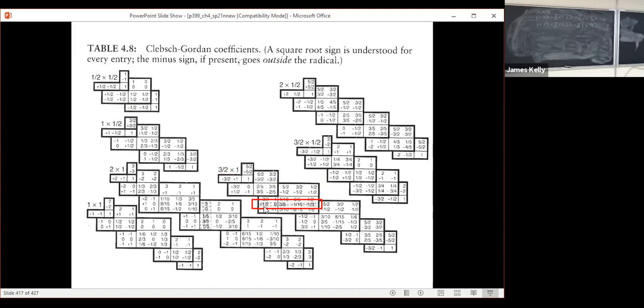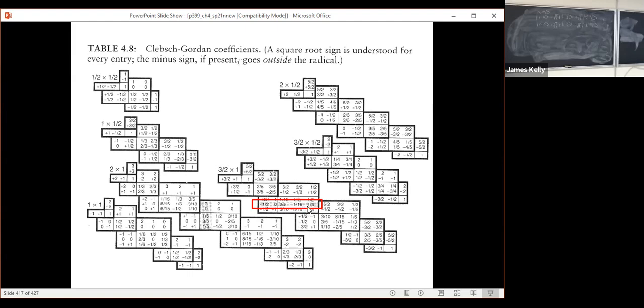The state where the spin 3/2 particle has an m sub s of 1/2 and the spin 1 particle has an m sub s of 0 equals √3/5 times combined s 5/2, combined m sub s 1/2, plus √1/15 times combined s 3/2 and combined m sub s 1/2.